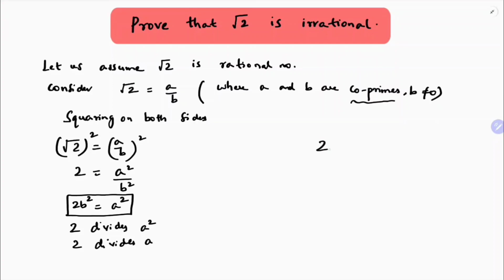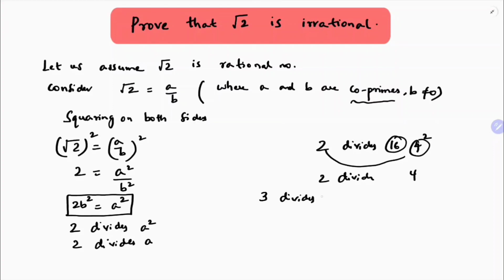For example, 2 divides 16, which is 4 square, then definitely 2 divides 4. Similarly, 3 divides 36, which is 6 square, then definitely 3 divides 6.